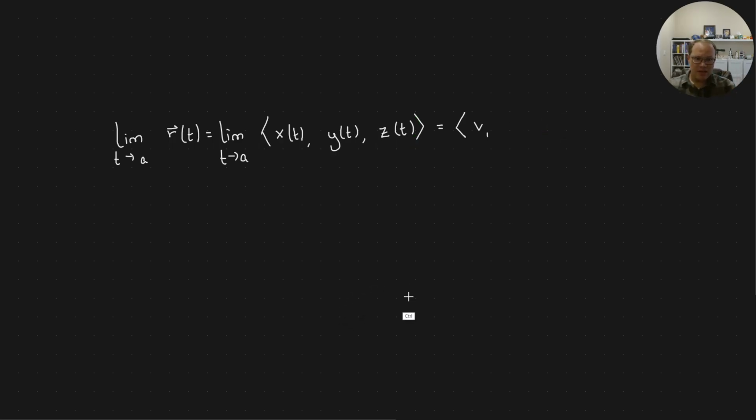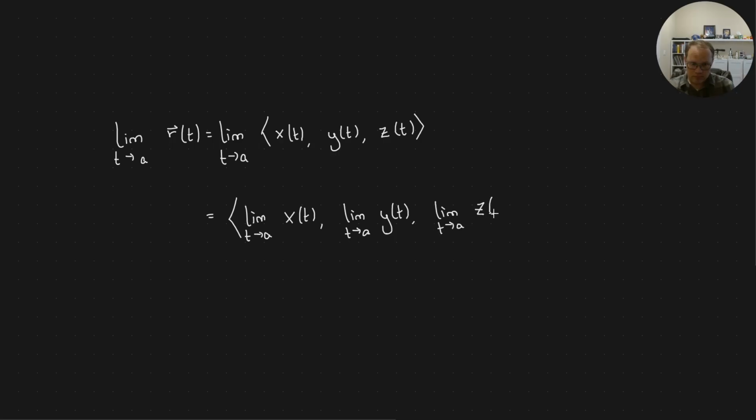Which means that this limit only exists if the limit of each individual component exists. So that's how we find the limit generally of a vector valued function.